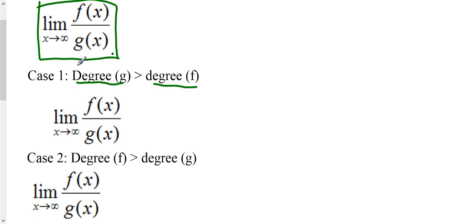If the degree of the bottom is higher, so think of it like having an x cubed here, like the last example we had, and maybe having an x on the top, that means the bottom is growing more rapidly than the top. So when x is like 1,000,000,000, the bottom is going to be so huge in comparison to the top that the ratio is basically going to approach 0. So when the degree of the bottom is higher, this limit will be equal to 0.